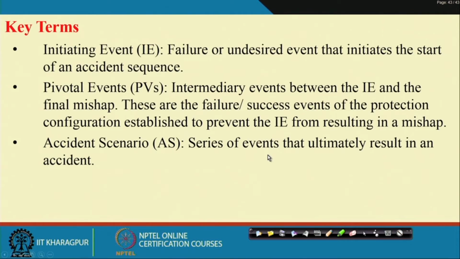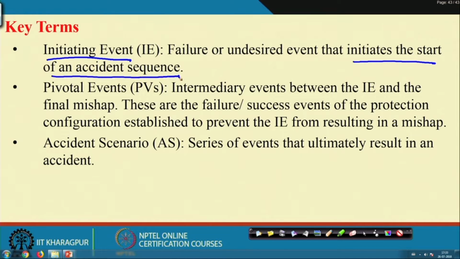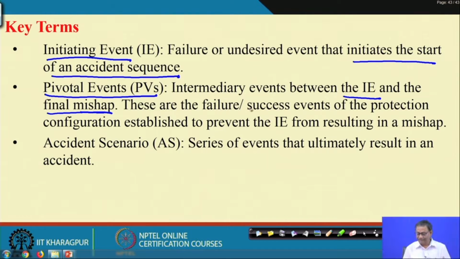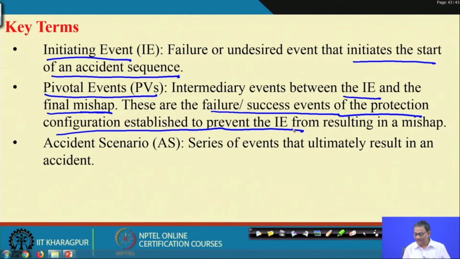So, some terminologies. One is the initiating event: a failure or undesired event that initiates the start of an accident sequence. What are pivotal events? Intermediary events between the IE and the final mishap, that is, the final outcome. These are failures or successes of events of the protection configuration established to prevent the initiating event from resulting in mishap.